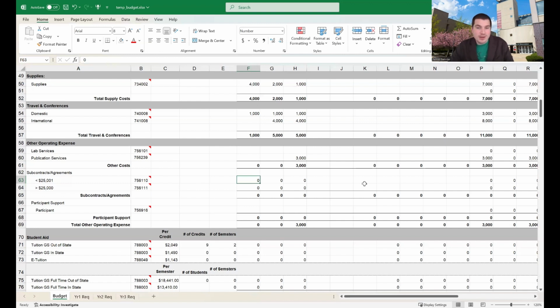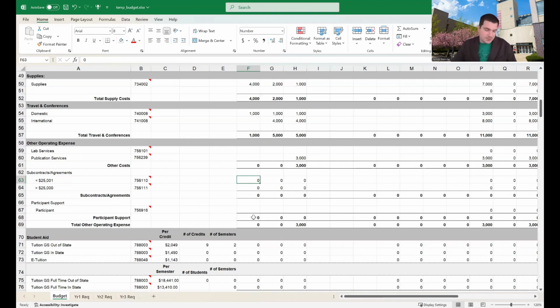So that would be considered a subcontract. I could also have subcontracts with companies, right? If a company is going to be providing a decent chunk of labor, effort, everything like that, I would build in some money there for the subcontract. But in this case, we're just going to say I'm not doing subcontracts.